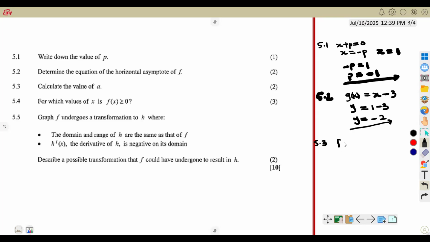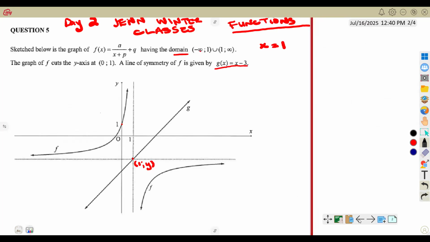So we have f(x) equal to A over x plus p plus q. That is the function that we are given.